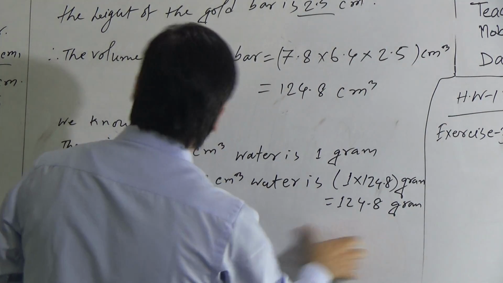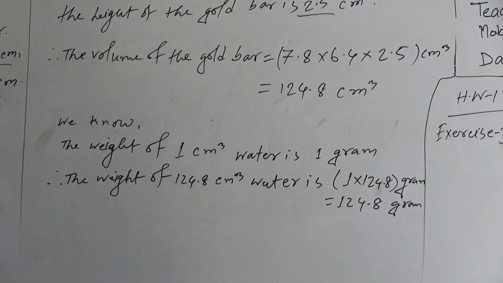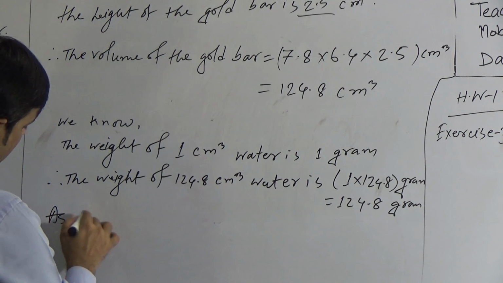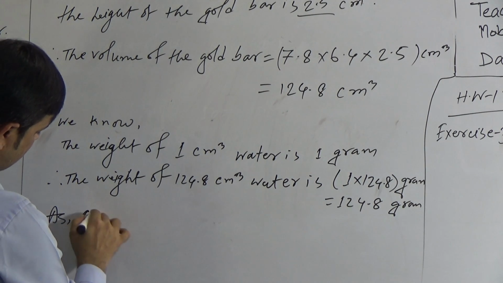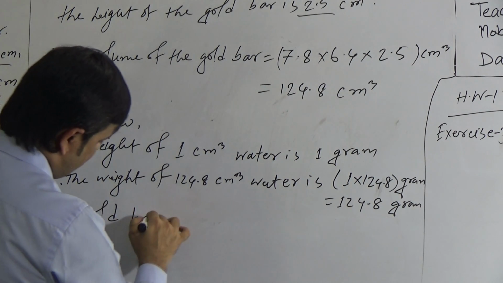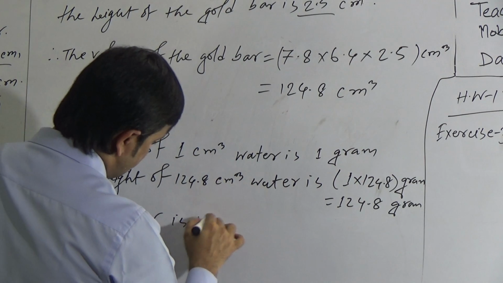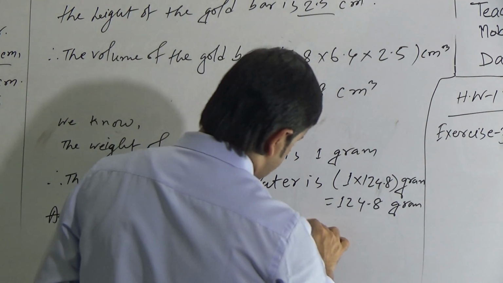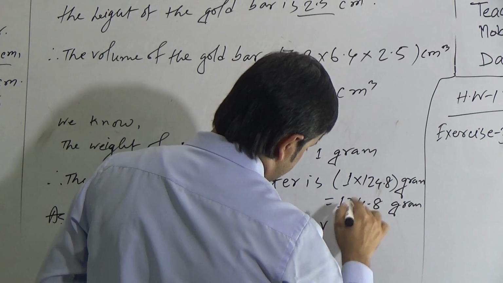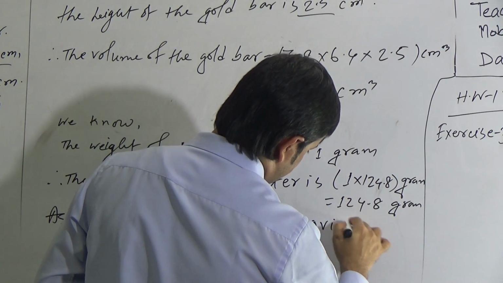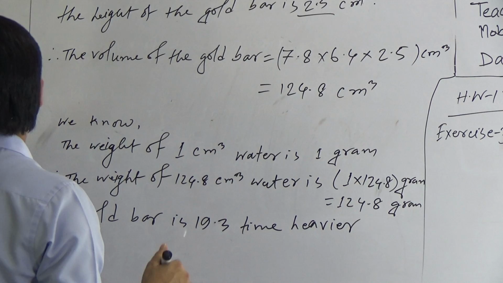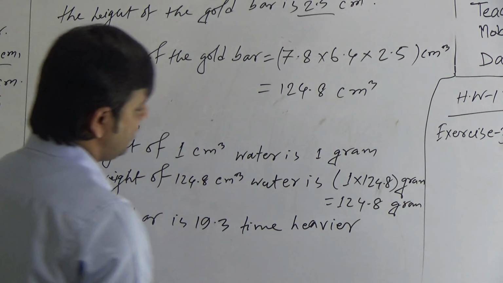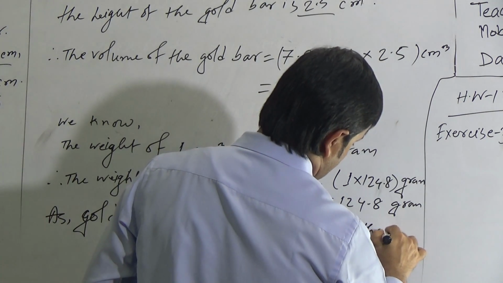Dear students, as here the condition is given, the gold bar is 19.3 times heavier than water. So we can write as gold bar is 19.3 times heavier than water.